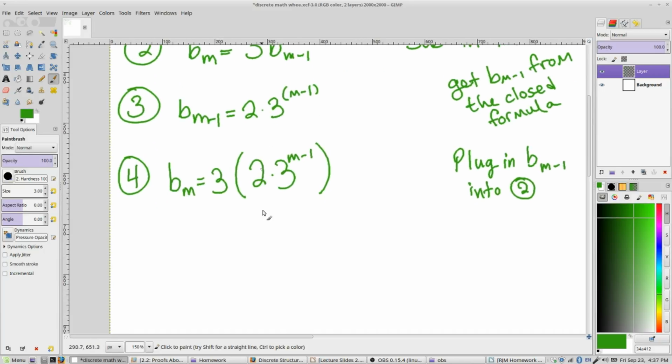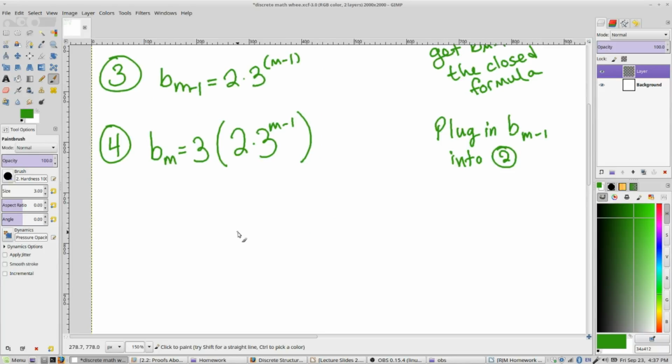Okay, so if you don't remember working with exponents in algebra from, I don't know, elementary algebra ages ago, 3 is basically 3 to the first, and then we can rearrange this as 2 times 3 to the first times 3 to the m minus 1. And when you have the same base and you're multiplying them, the exponents can be added.